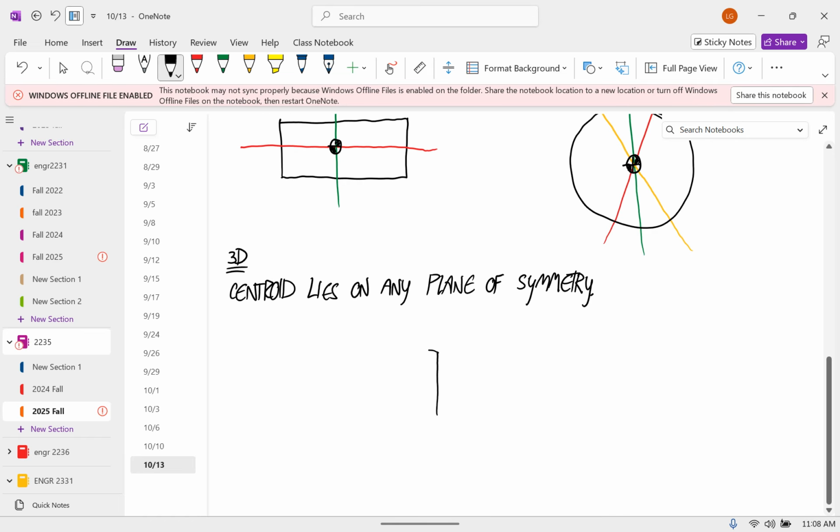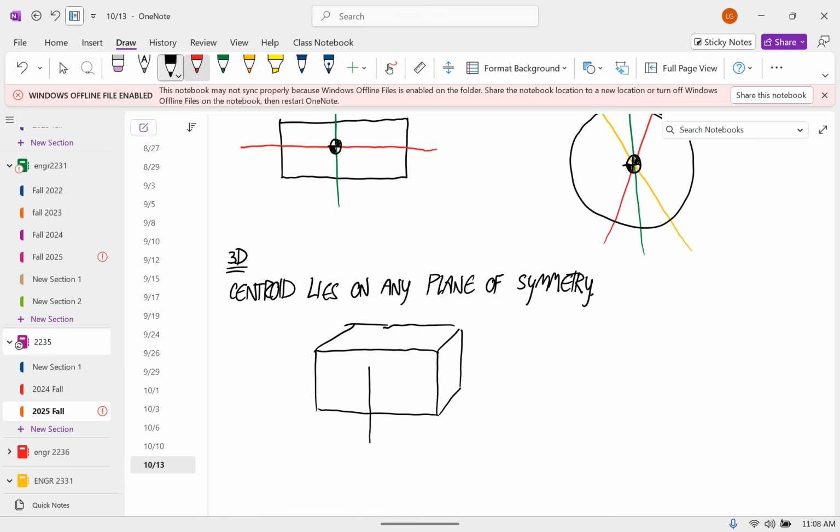So if you have a shape like this, there is a plane of symmetry here. There's a plane of symmetry here.